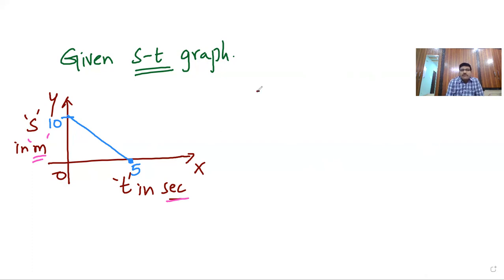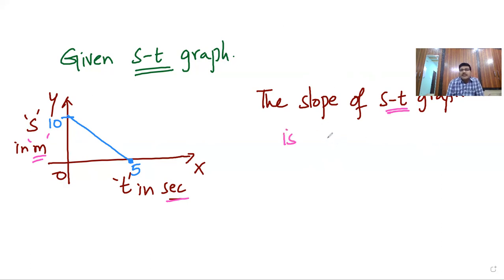The slope of the displacement time graph, S versus T graph, is velocity. This is our conclusion from the previous sessions. We have seen that the slope of the displacement time graph is nothing but the velocity.